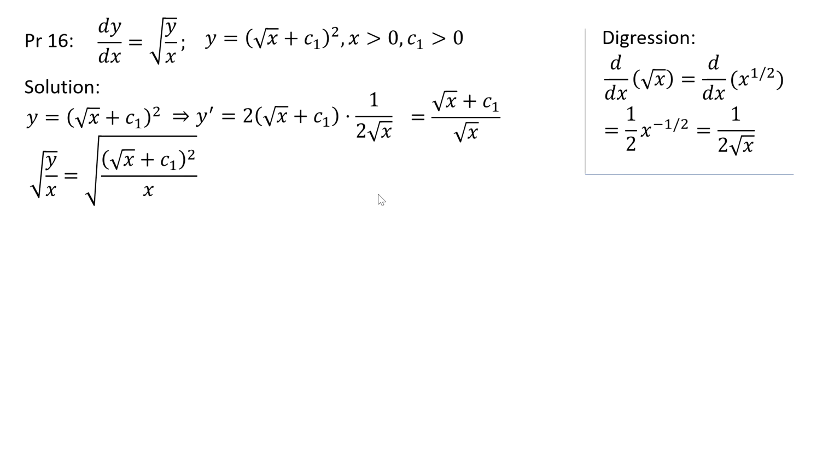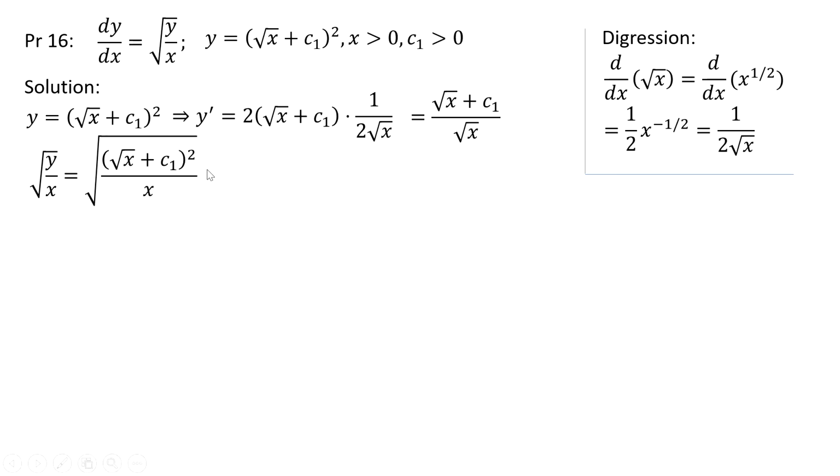Okay, this is what it looks like I did. I picked the right-hand side, square root of y over x, and asked myself, can I write that in a different way? The thing is, we know what y ought to be. y is square root of x plus c1, the quantity squared. So I substituted that quantity for y. And so we have this.